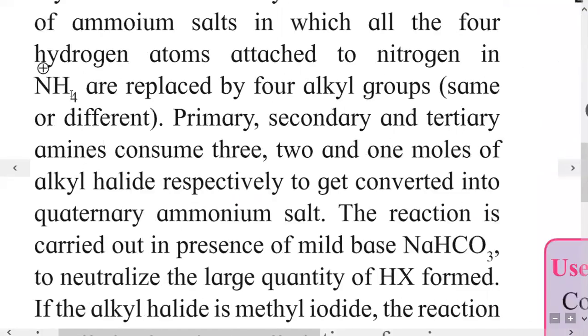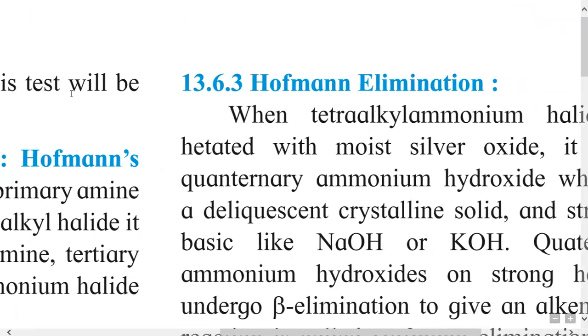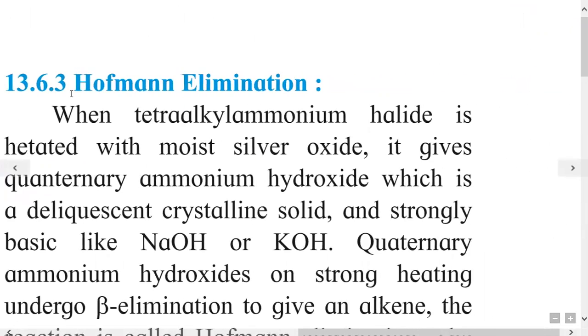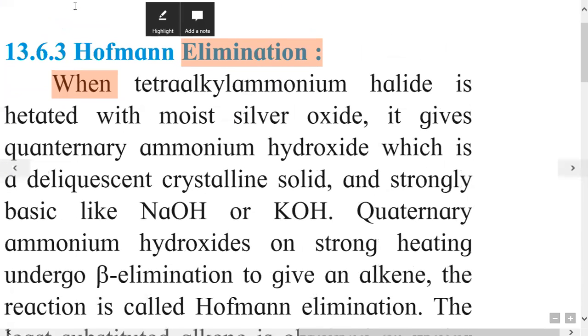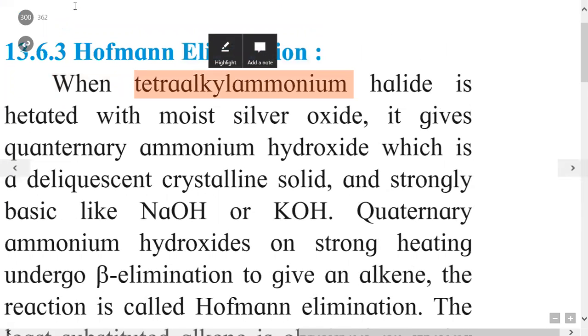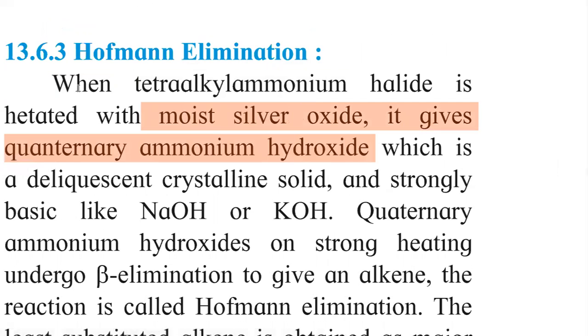Then we will study reaction number 3, that is Hofmann's elimination reaction. When tetraalkyl ammonium halide, which we just studied, is heated with moist silver oxide, it gives quaternary ammonium hydroxide, which is a deliquescent crystalline solid and strongly basic like NaOH or KOH.